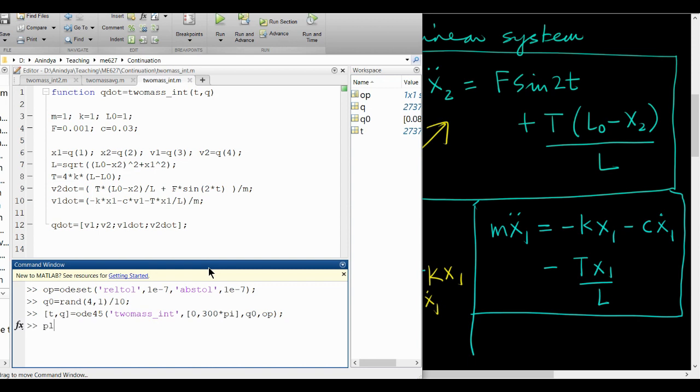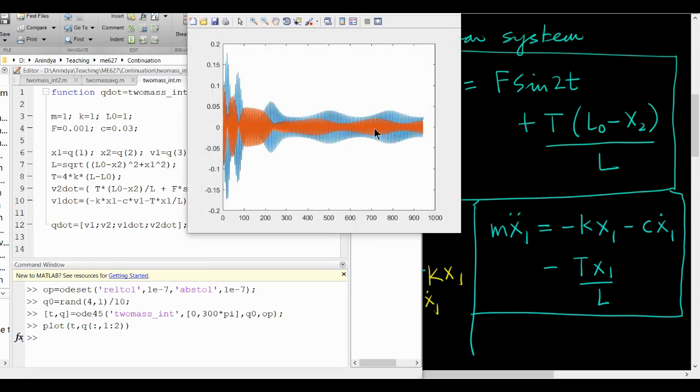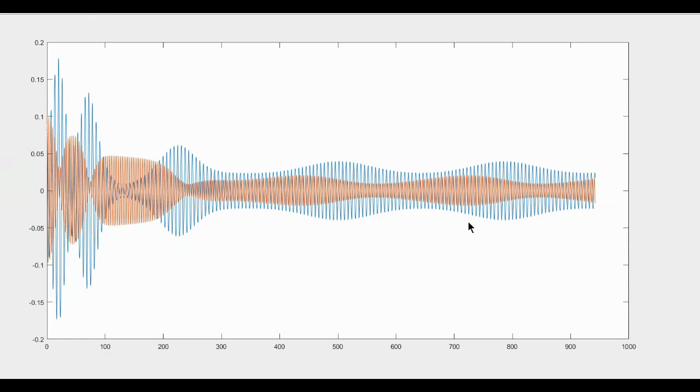Now let me plot just x1 and x2. That's the answer. You can see that after some transient it is settling into some kind of periodically modulated state, right? So the first one is x1. You can see that its frequency is small.